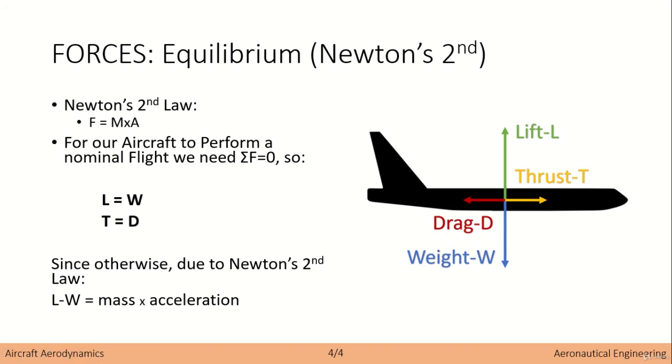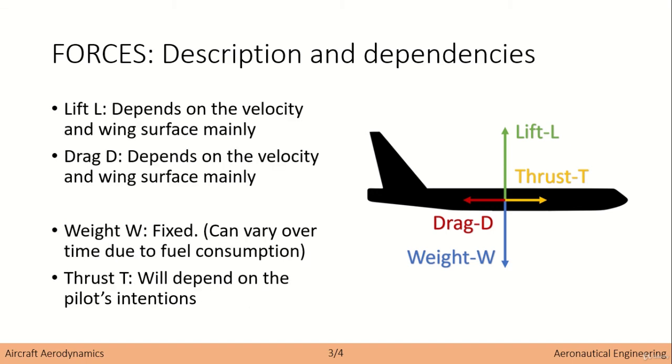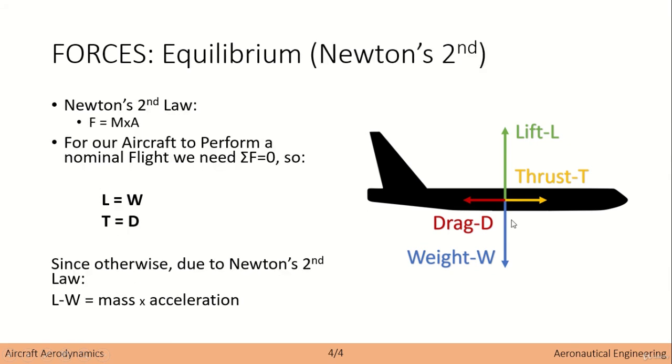One other interesting thing to note is that, as I mentioned before, lift depends on the velocity, and drag also depends on the velocity. So at takeoff, you basically have zero lift because the aircraft is still. When you increase thrust, you have a very high force and absolutely no drag because the velocity is zero.